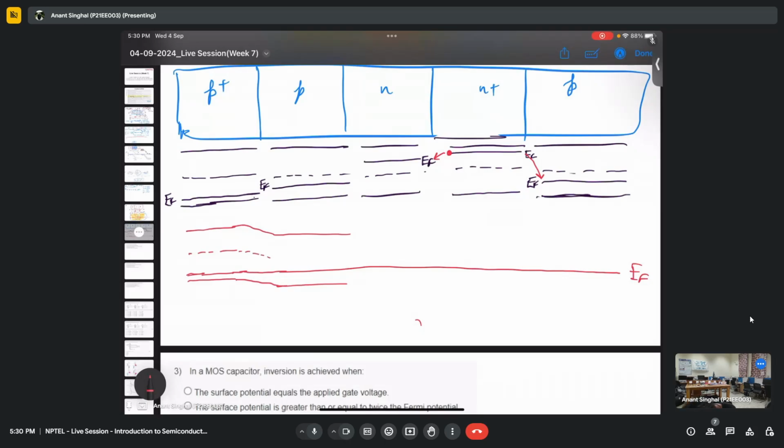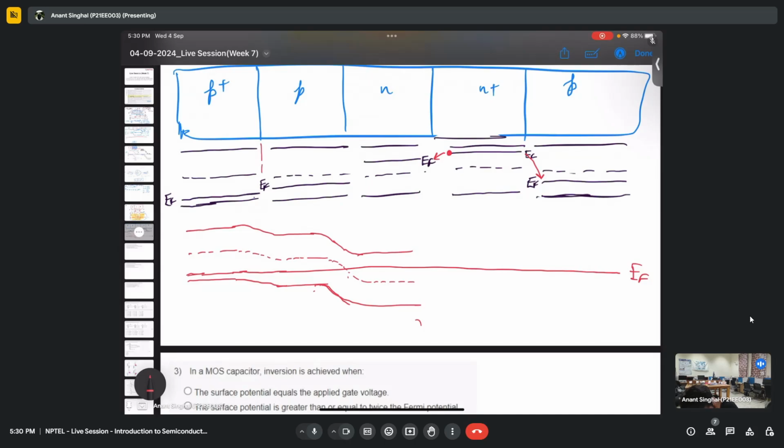I hope it makes sense to everyone. So this is P. Now we have an N. N is the conduction band now. So again, let me make it small. So what we have is this.